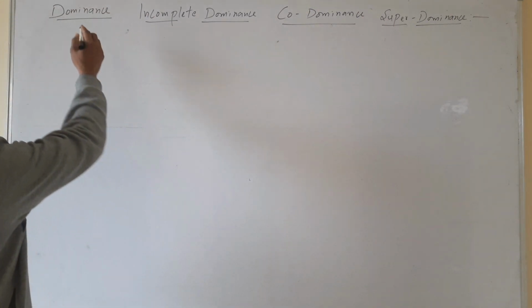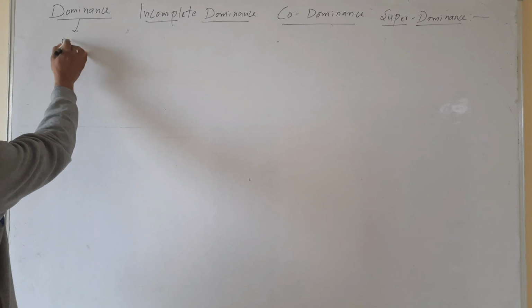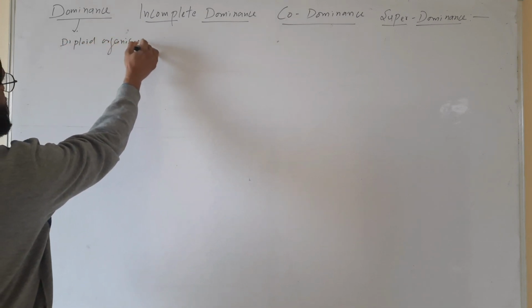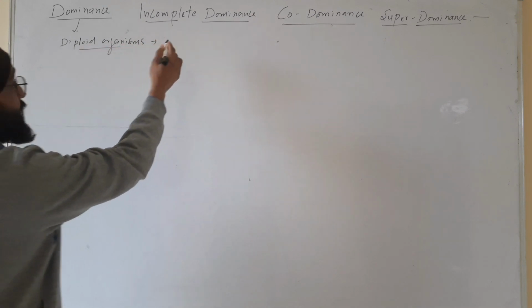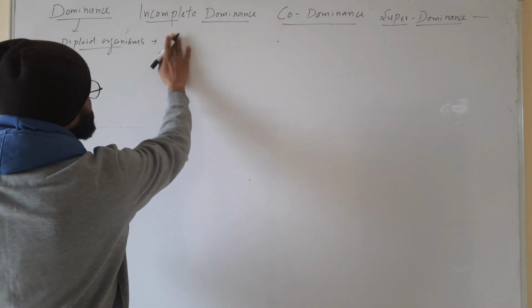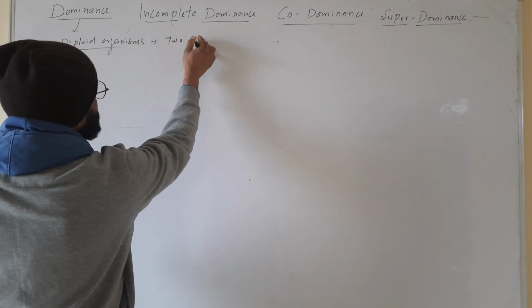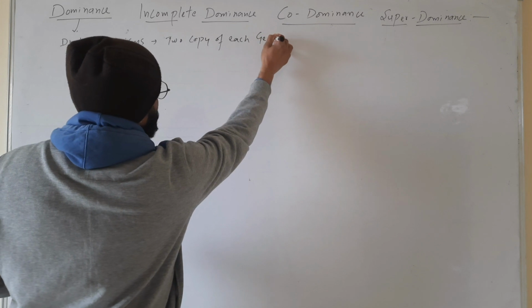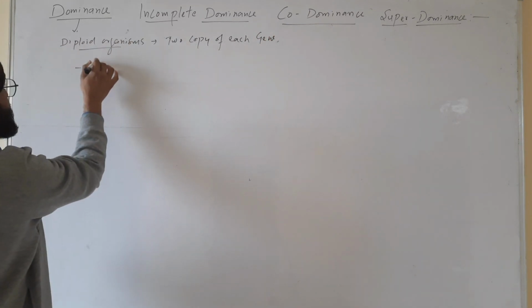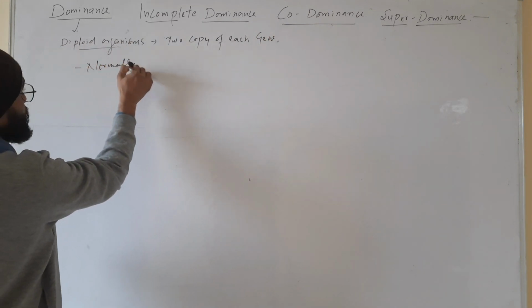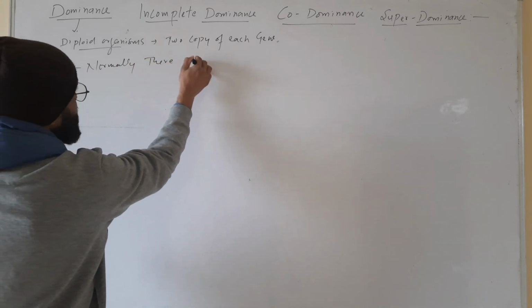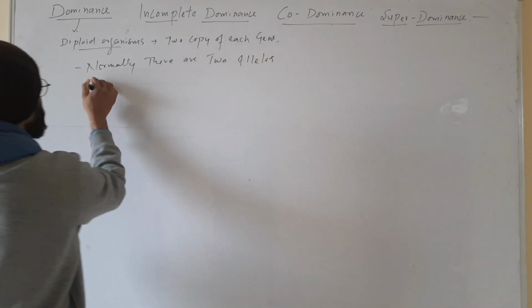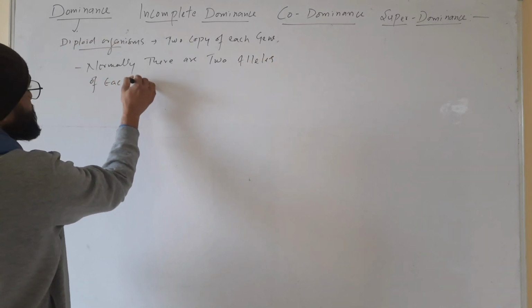So first is dominance. In diploid organisms, we know that there are two copies of each gene, and normally there are two alleles of each gene.